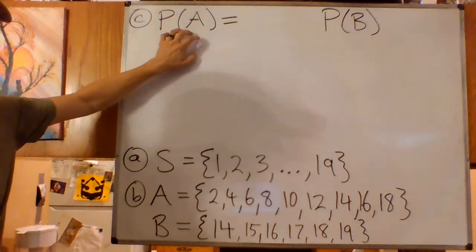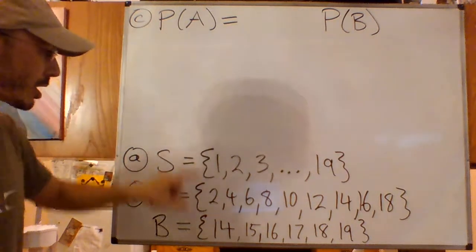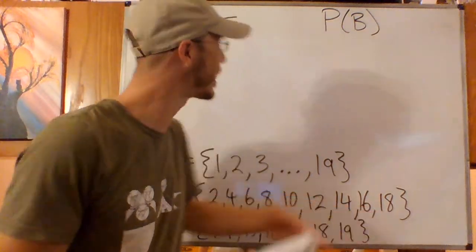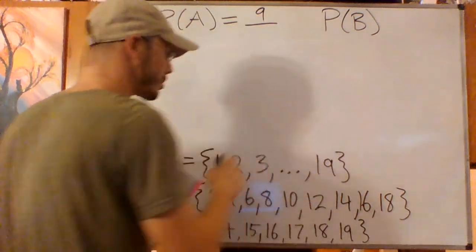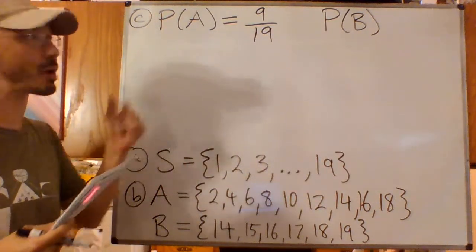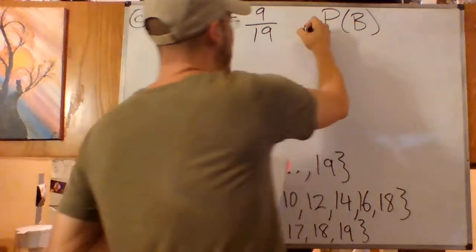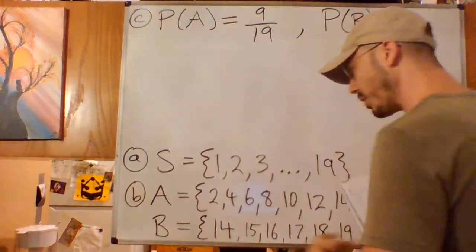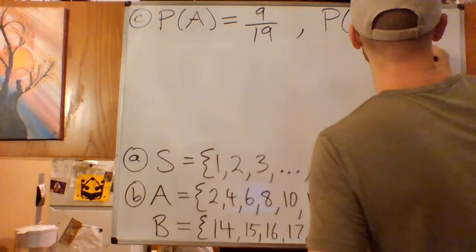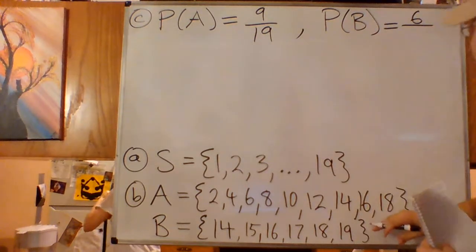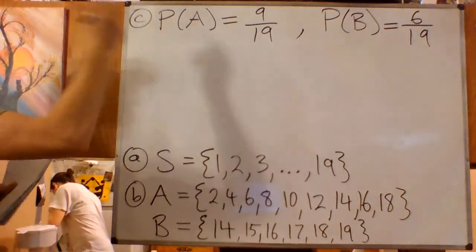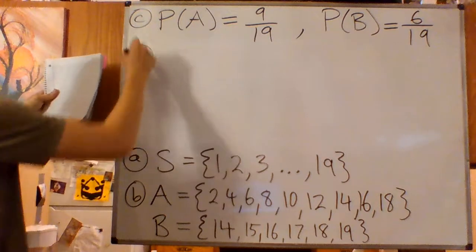But for the probability of A, with equally likely outcomes, I want to use 1, 2, 3, 4, 5, 6, 7, 8, 9 even numbers divided by 19 total numbers. And that's the probability of A. The probability of B, well, there are 1, 2, 3, 4, 5, 6 numbers in event B, 6 outcomes in event B, out of 19 total possible outcomes. And those are the probabilities of A and B.